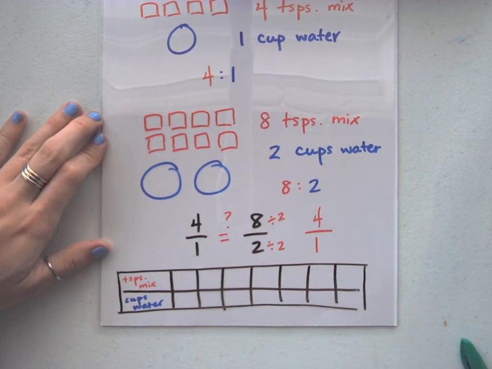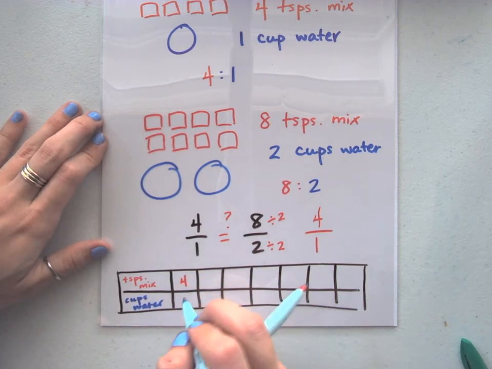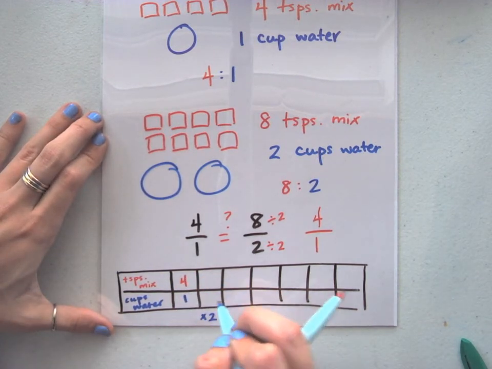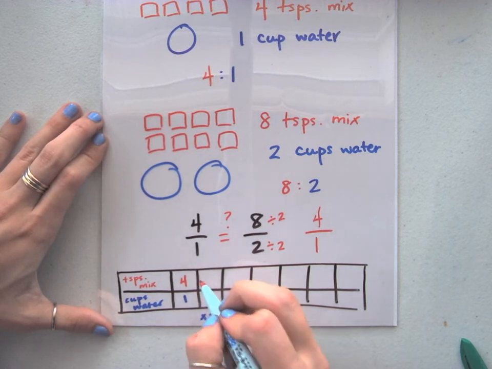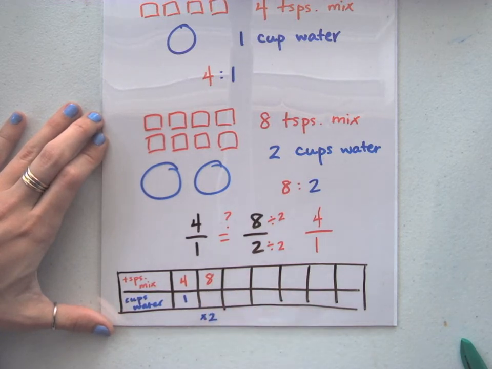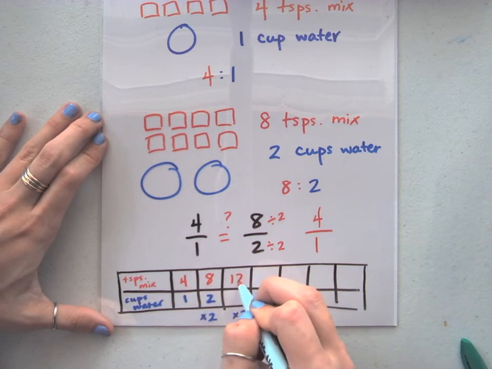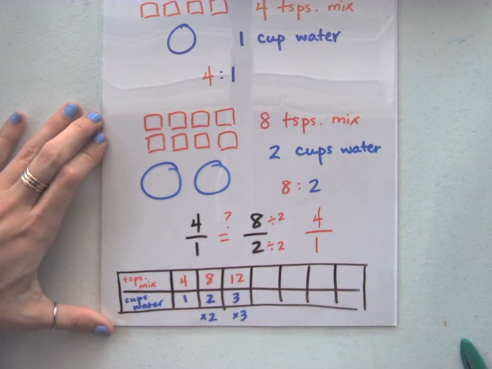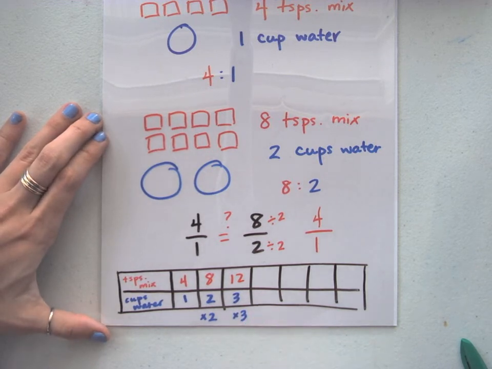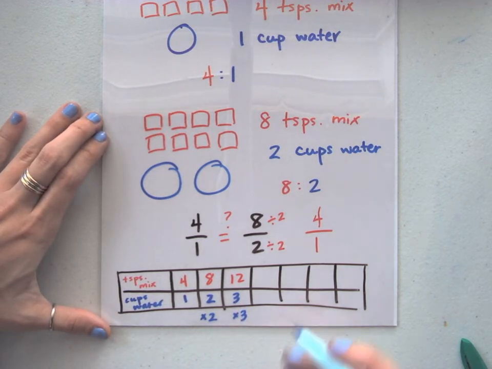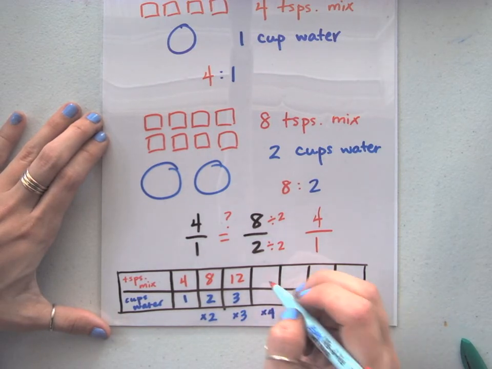If we're gonna make 1 normal batch, we have 4 teaspoons of mix, 1 cup of water. If I make 2 batches, I'm gonna multiply everything by 2. So I'm gonna use 8 teaspoons of the mix, and I'm going to use 2 cups of water. If we make 3 batches, I'm gonna multiply everything by 3. 4 times 3 is 12. 1 times 3 is 3. So to make 3 batches, I would have 12 teaspoons of the drink mix and 3 cups of water. And we would continue this for as long as we need until we have the ratio for whatever size party we're going to have.